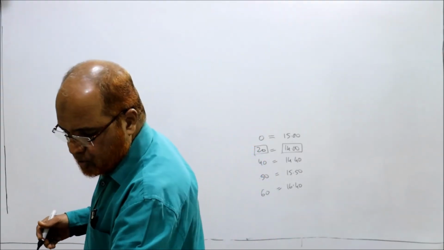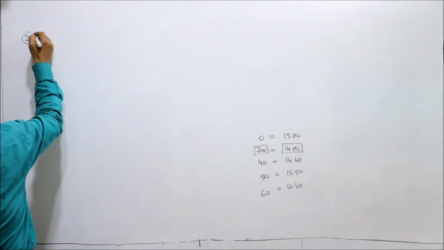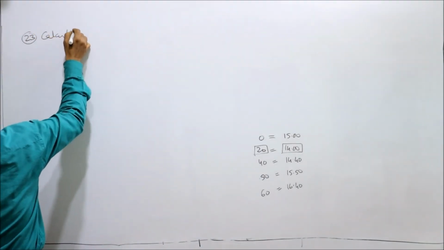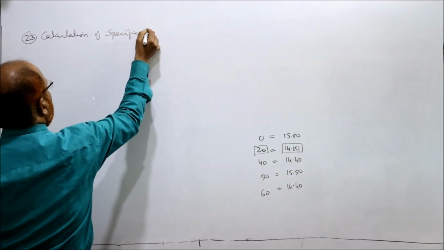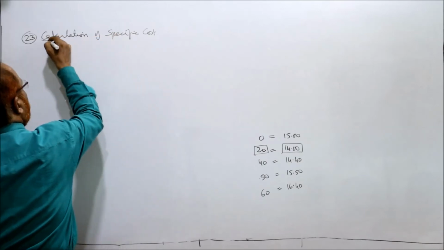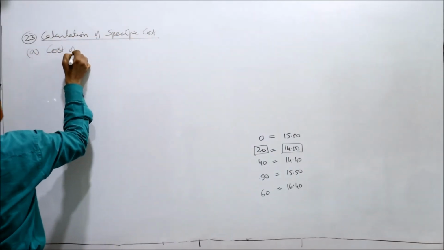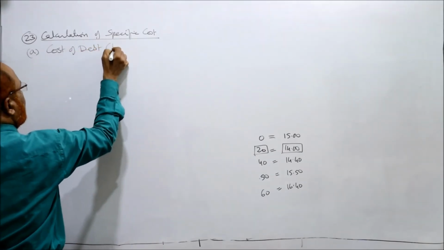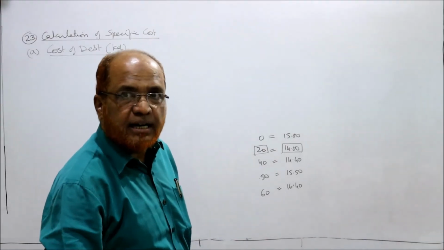So this is problem number 23. Calculation of specific cost. A, cost of debt, KD. First we calculate cost of debt, KD.